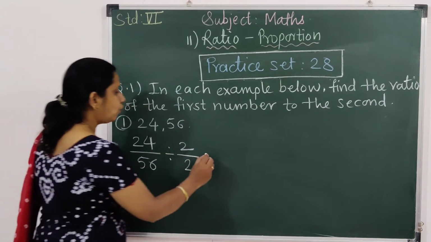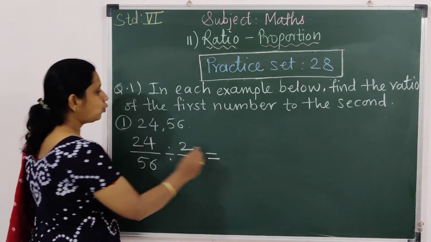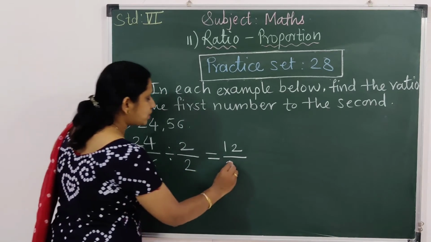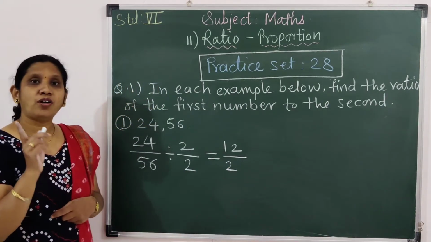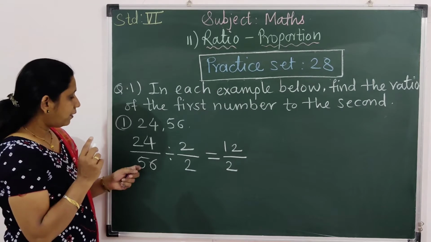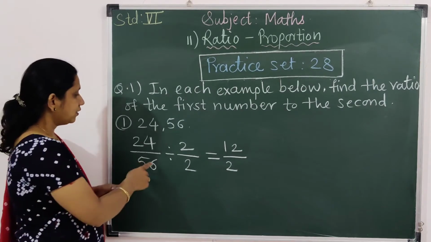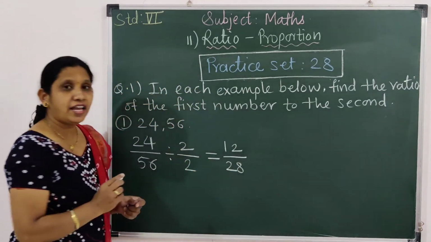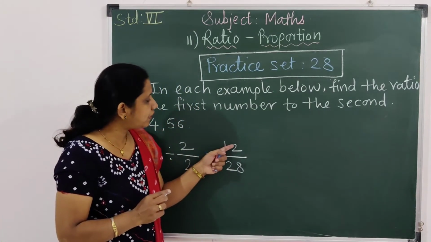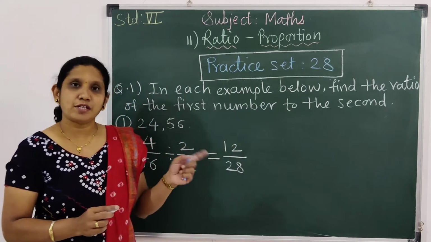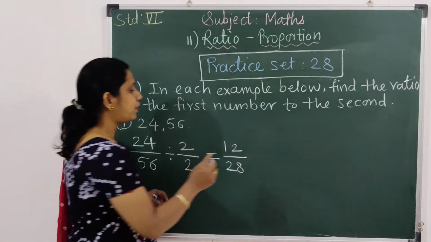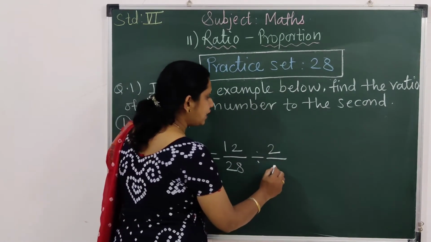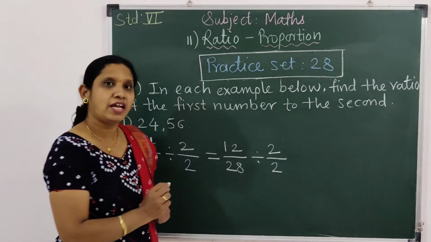Okay, so this is equal to 2 ones are 2, 2 twos are 4, divided by 2 twos are 4. 5 minus 4, 1. 1 remains. The number becomes 16. 2 eights are 16. Again, here we got unit place digits 2 and 8. It means both the numbers are again divisible by 2. So let us divide the numerator by 2 as well as the denominator by 2.